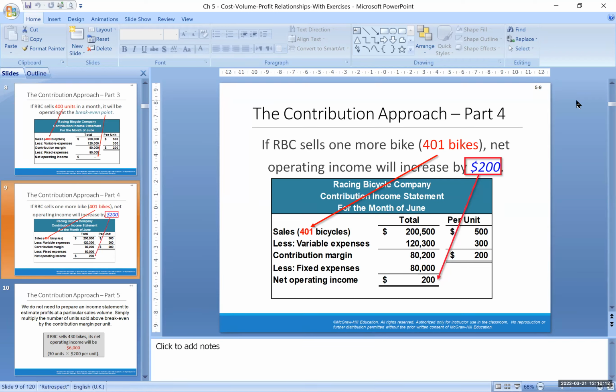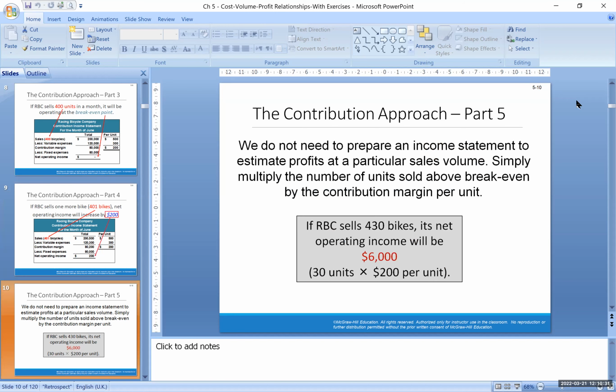Okay, then accordingly, if I give you a number of units sold, what is the net operating income for that company? The next example: we do not need to prepare an income statement to estimate profits at a particular sales volume.